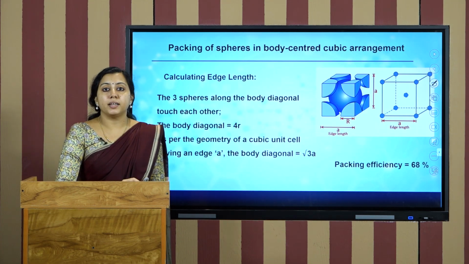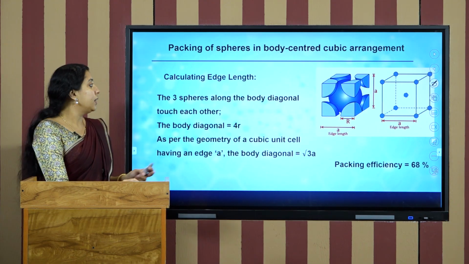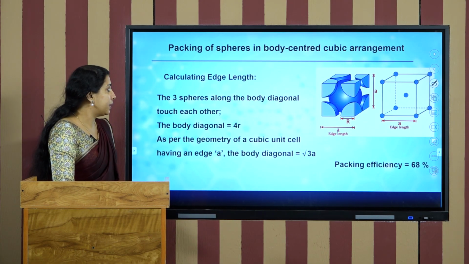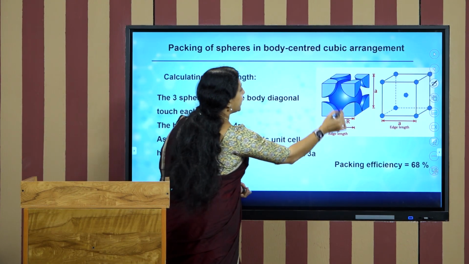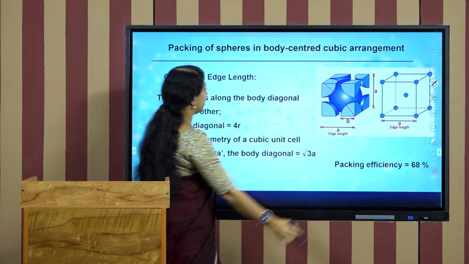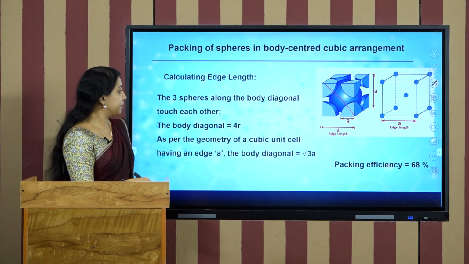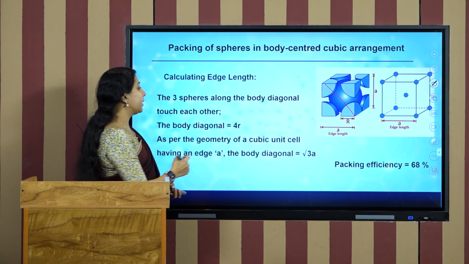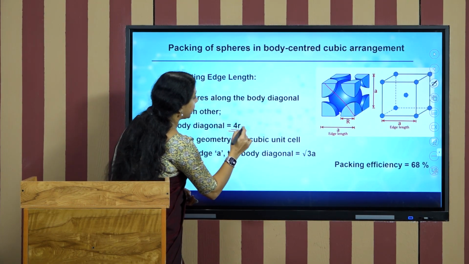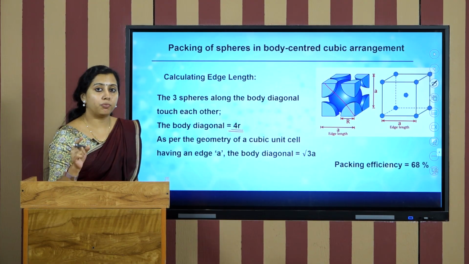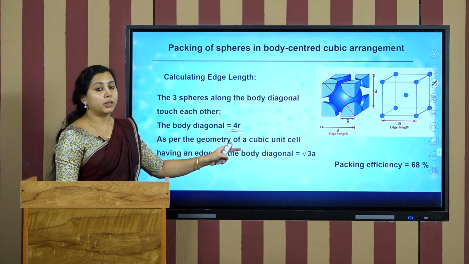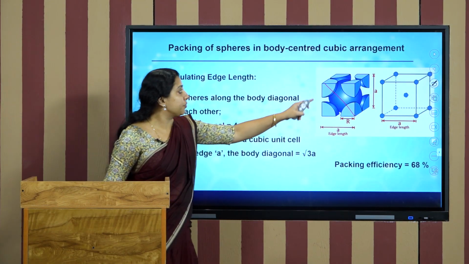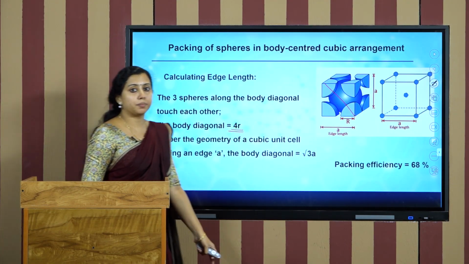Now, calculating the edge length in a BCC type arrangement, the 3 spheres along the body diagonal touch each other, and the body diagonal is equal to 4r, where r is the radius of one sphere, because of the presence of 3 spheres touching each other.